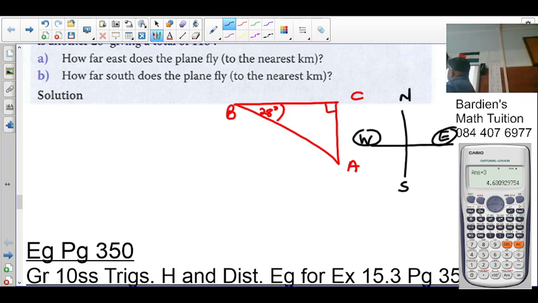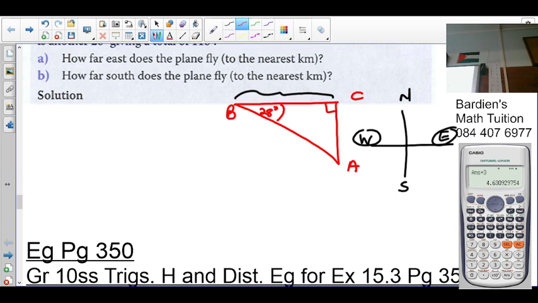They want to know how far the plane flies east. So what are they actually calculating here? They are actually calculating BC. Did you see that, people? Because how far east does the plane fly? So in that direction, no? So it's calculating BC.